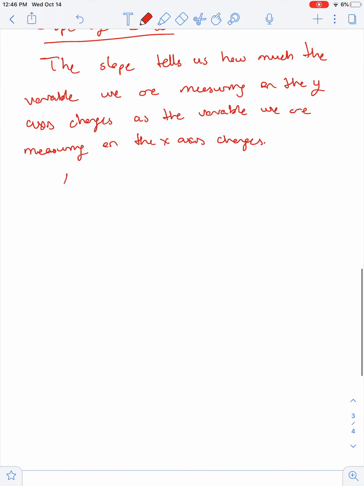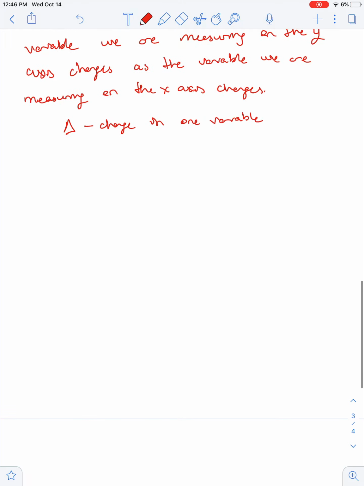We are using delta as the change in a variable, so the slope is delta y divided by delta x.